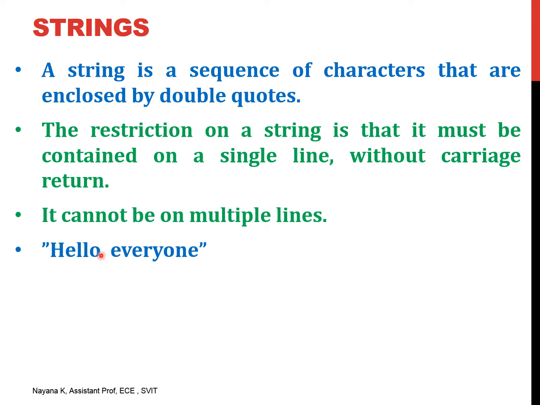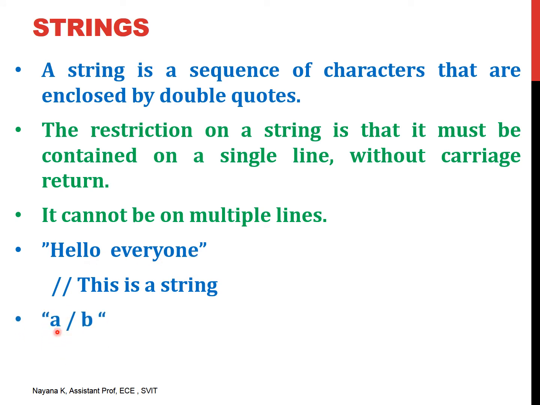In a string, the blank space, the white space, is also counted. It is not ignored. Every space is counted in a string enclosed within double quotes. So we have to count even this as a character. So this is 6, 7, 8, 9, 10, 11, 12, 13, 14. This is a valid string with 14 characters in it.